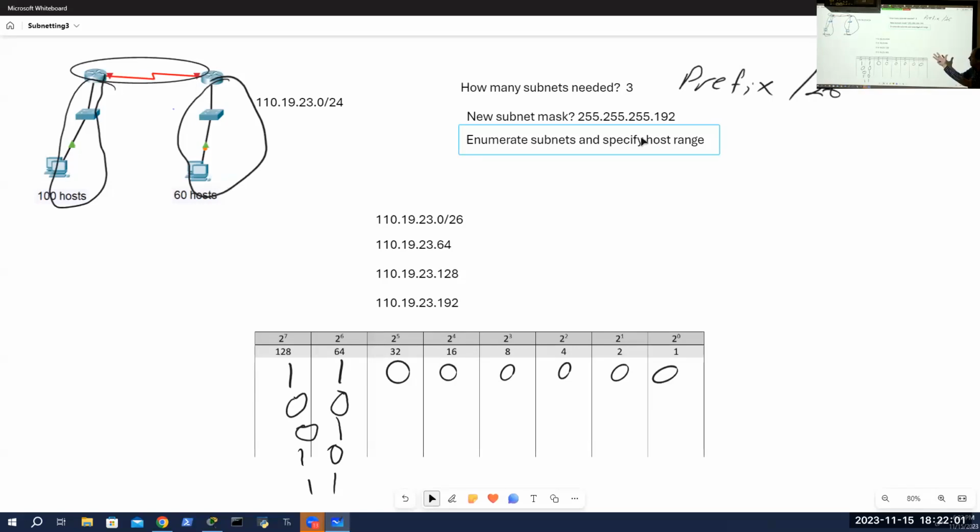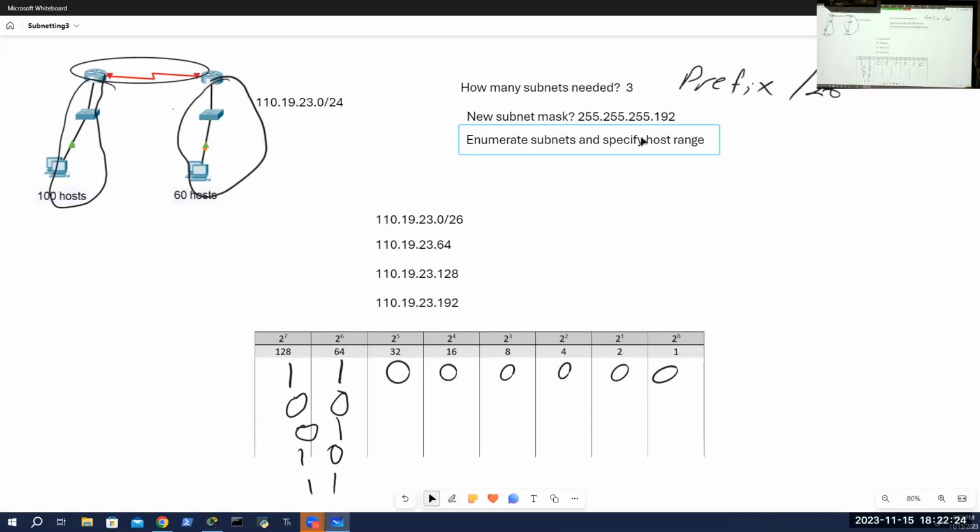Why can't we make it work? Well, the reason is that if we take our 4 subnets, the 254 addresses are essentially divided by 4, which gives you around 62 hosts per subnet.